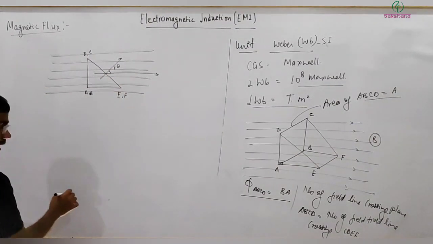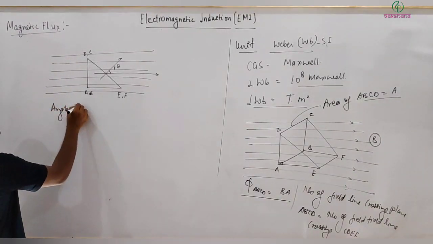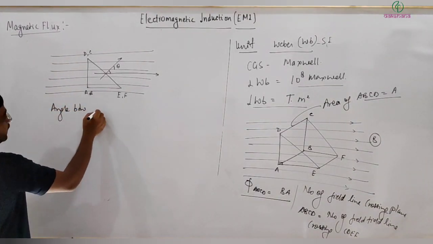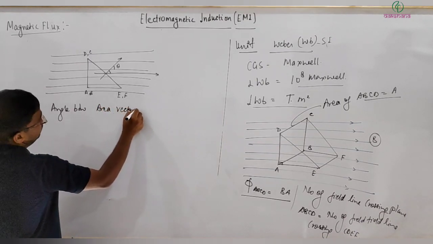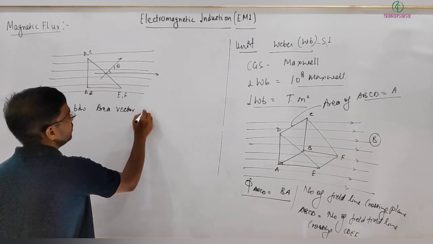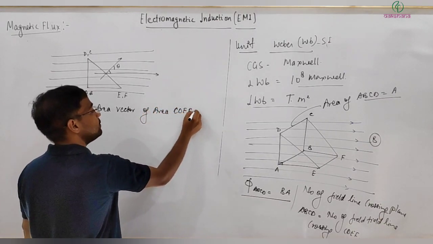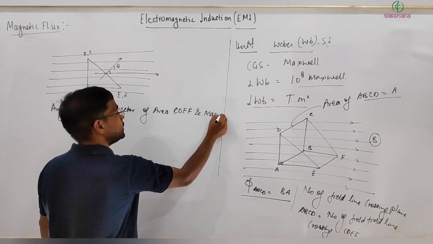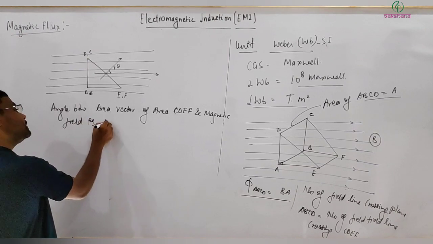In this case, the angle between the area vector of area CDEF and the magnetic field is theta.